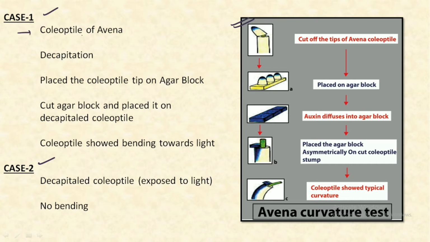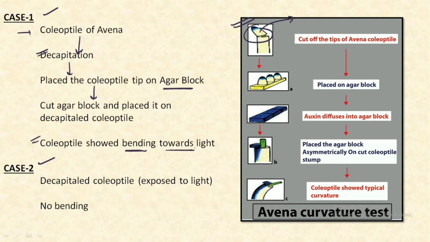First, the coleoptile of the Avena, that is the tip, was decapitated, that is, it was removed. Then this tip was placed on an agar block. And after some time, the coleoptile showed bending towards the light.